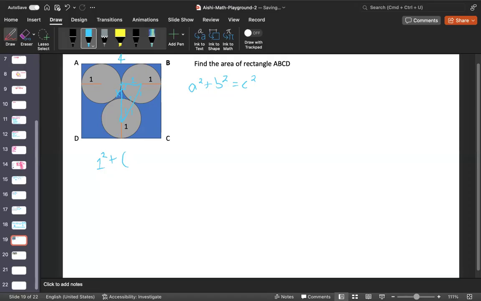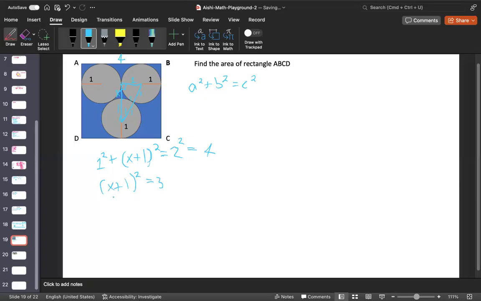So we have 1 squared plus x plus 1 squared, because we have x over here, plus the radius, which is 1, is equal to this part, which is 2 squared, which is equal to 4. So now, since we know that 1 squared is 1, we're going to subtract 1 on both sides. So we have x plus 1 squared is equal to 3.